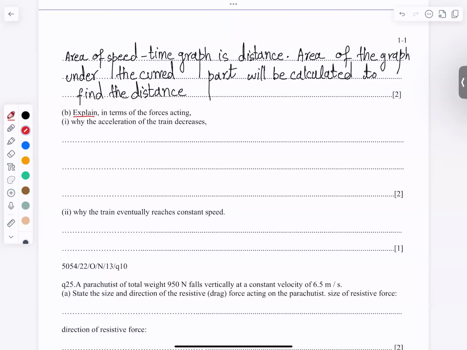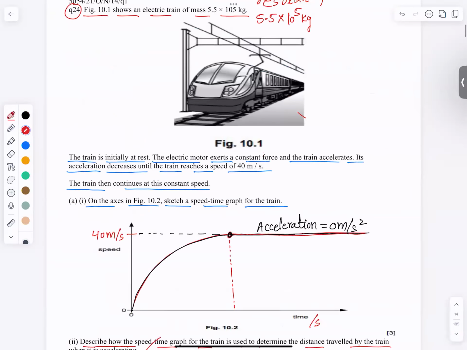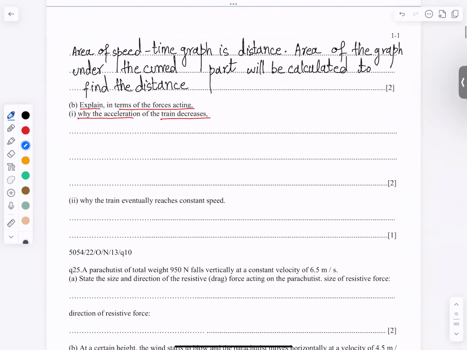एक्सप्लेन इन टर्म्स ऑफ फोर्सेस एक्टिंग why the acceleration of the train decreases. The acceleration can decrease because of increase of resistive forces, since the electric motor is exerting a constant force. It is already given. When the electric motor is exerting a constant force, the acceleration can only decrease because of increase of resistive forces, specifically the air resistance.